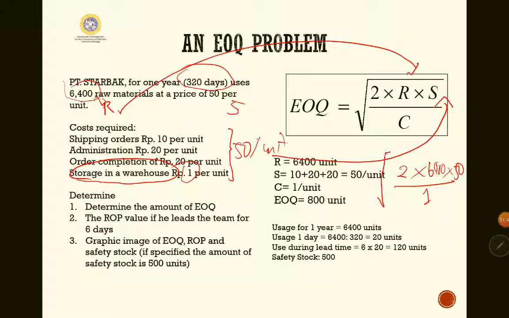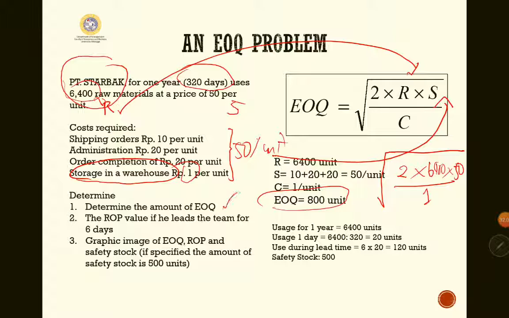Don't forget to make it in square, in the root, sorry. So by this calculation, we will have this economic order quantity. So the minimum amount that PT Starbucks should order is 800 units per order.